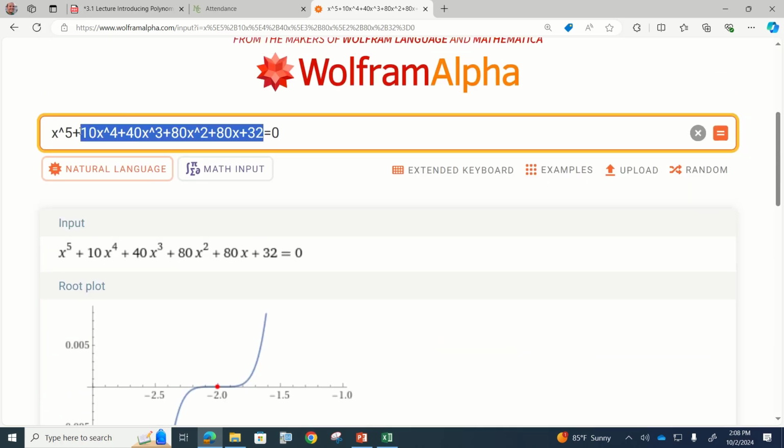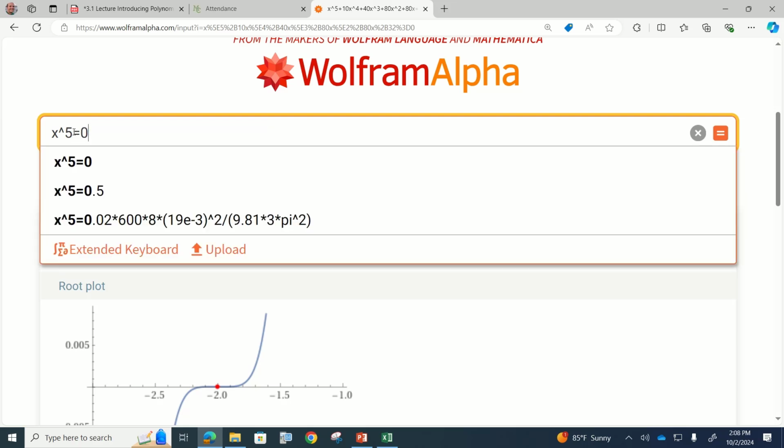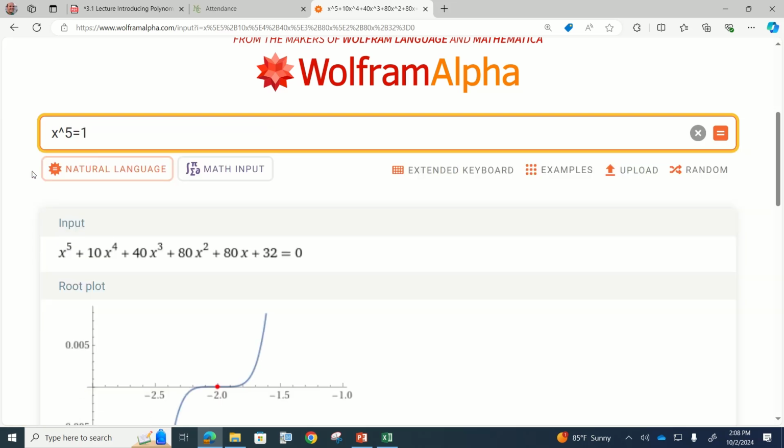On the other hand, if I had something like x raised to the 5th power equals 1, how many solutions could that equation possibly have? It could have up to 5, because the degree of the equation is 5. Can you think of any solutions? Yeah, the number 1, because 1 raised to the 5th power is just 1.